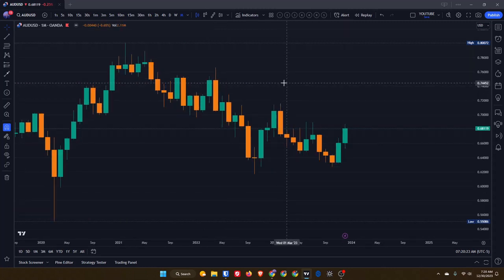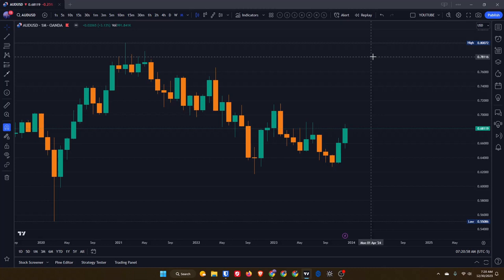Overall, when you're reading candles and doing candlestick analysis, you want to always combine your candlestick analysis with multiple confluences and multiple tools. You never want to just base it off candlestick analysis alone. You always want to include other forms of analysis, like support and resistance, or moving averages, or Fibonacci, or something like that, to be sure that you are right and you have a higher probability of being right.